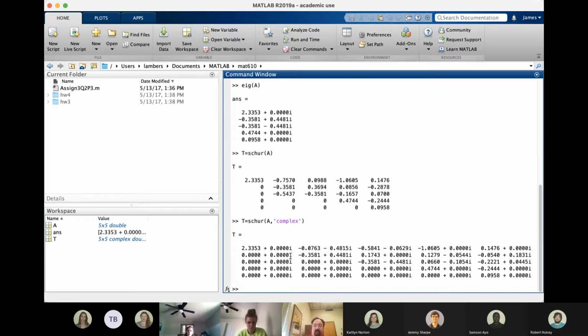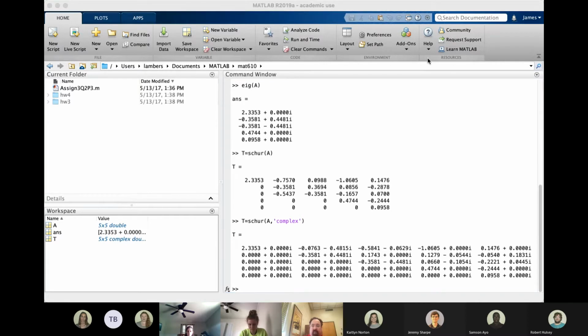But this takes up more storage because of the real and imaginary parts, even when not needed, like for these entries here. So it's a bit wasteful in that sense. Now, flip back to the notes.